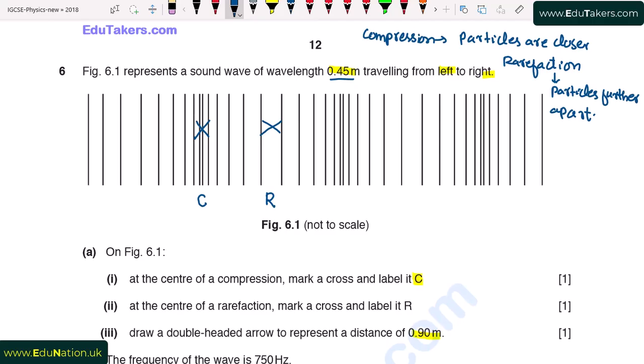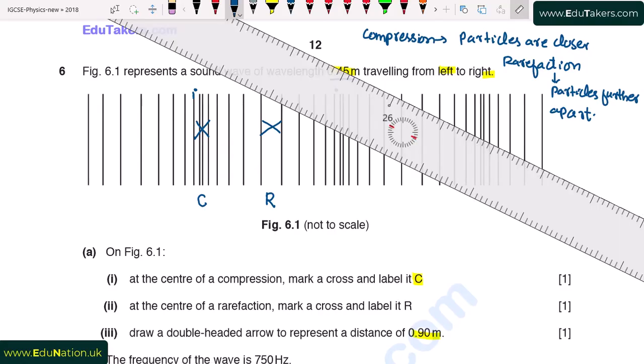For that we have to know what wavelength is. Wavelength is the distance between two consecutive crests or troughs. If I start from this point and go to this point, here it's a compression and it's also a compression. So the distance between two consecutive compressions is basically the wavelength.